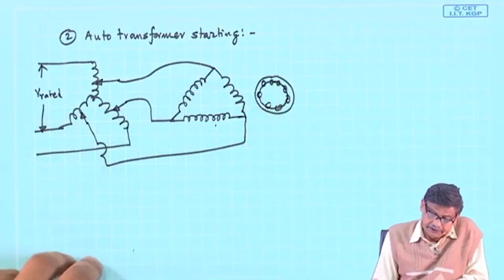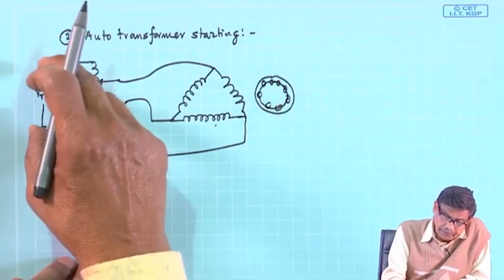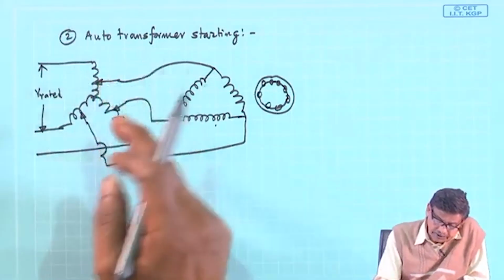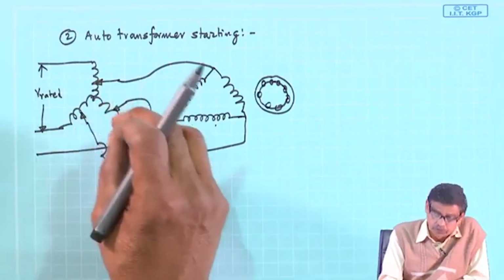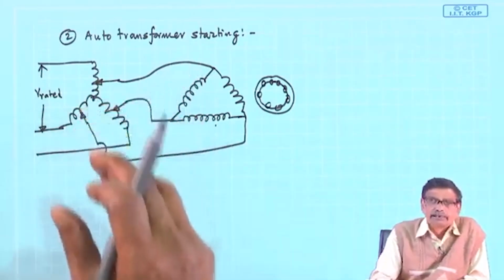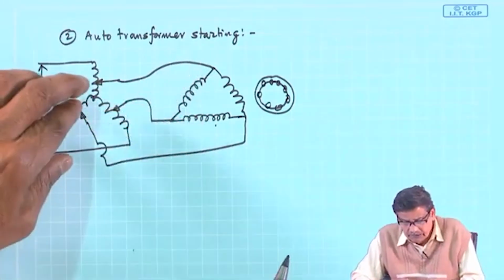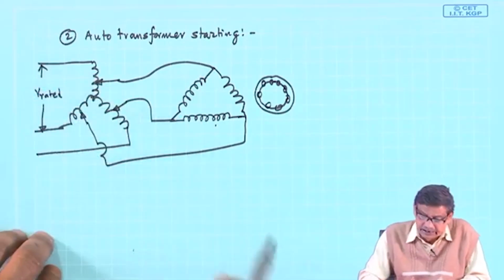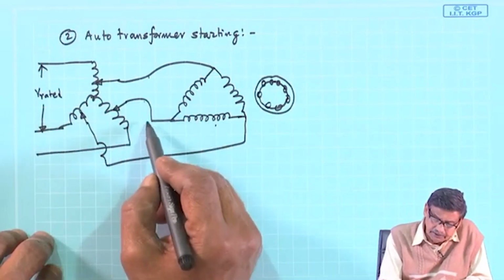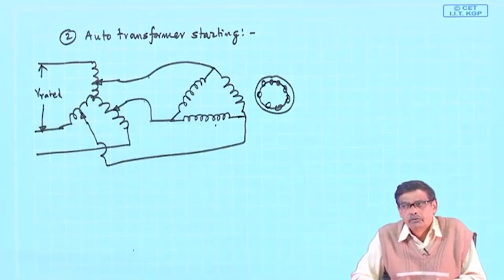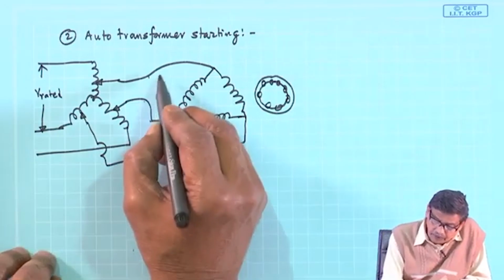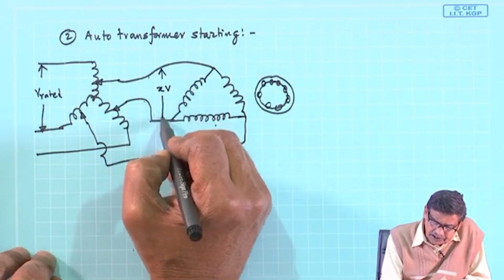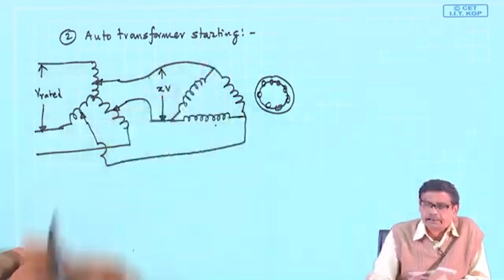If you apply V rated here, then depending upon where these jockeys are, they should be ganged together. I mean, equal tappings are taken, so that the voltage available between the lines will also be balanced, and this voltage, once again let us assume, is reduced by a factor of x at the machine terminals.